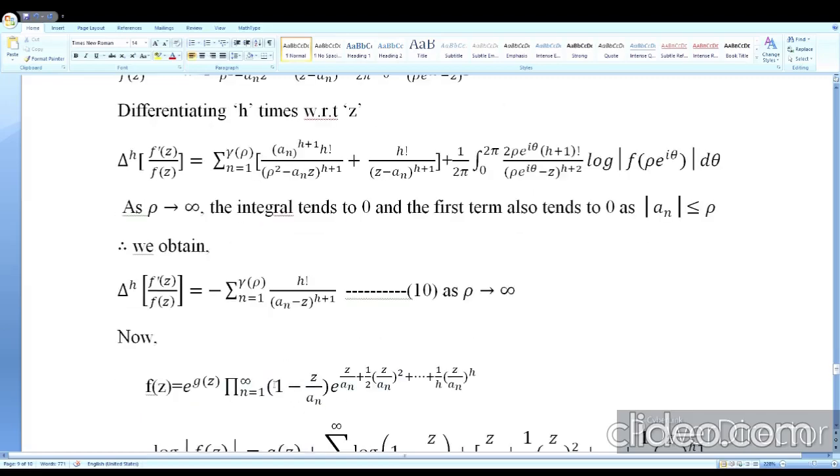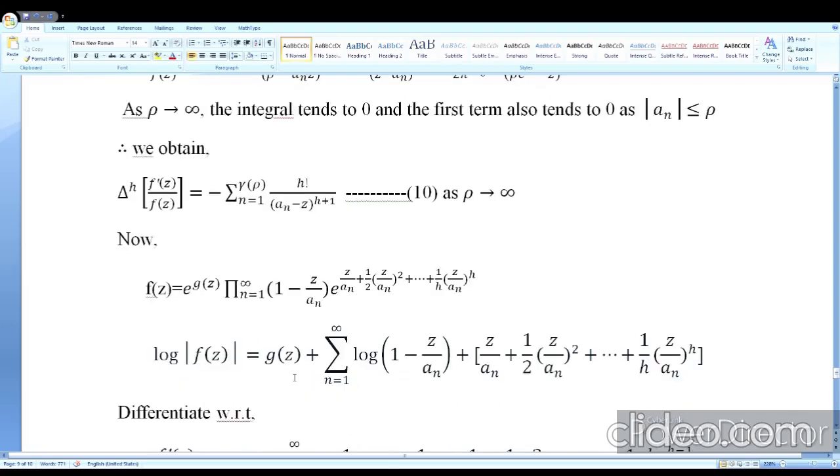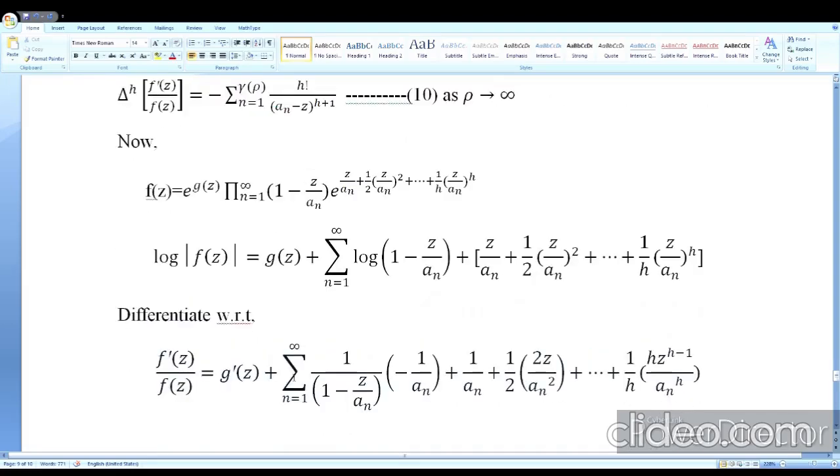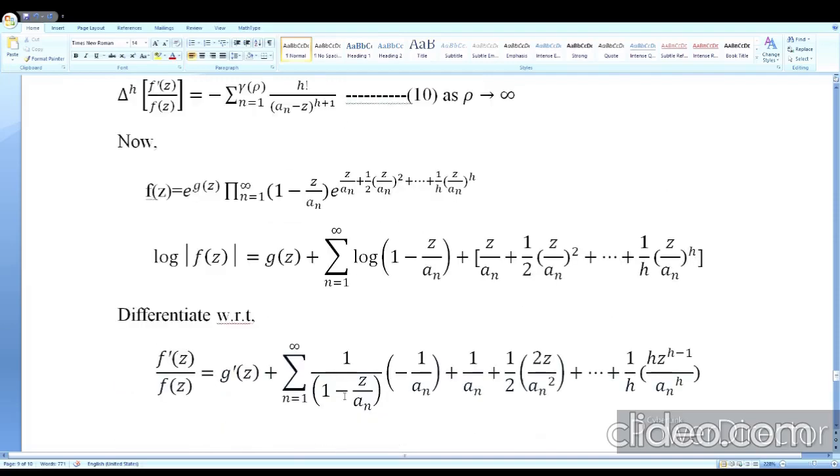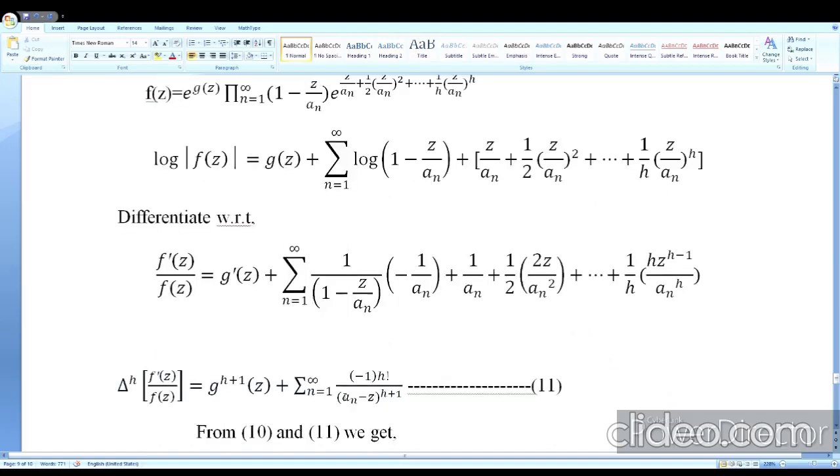Now we take the entire function, we take log modulus f of z and differentiate, again differentiate h times. Now equate or compare 10 and 11. When we compare 10 and 11, we get g power h plus 1 of z is 0.